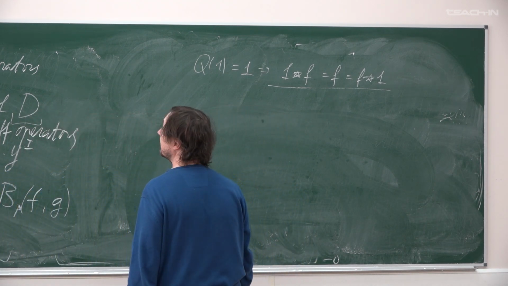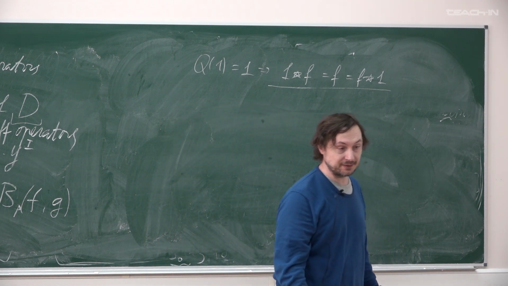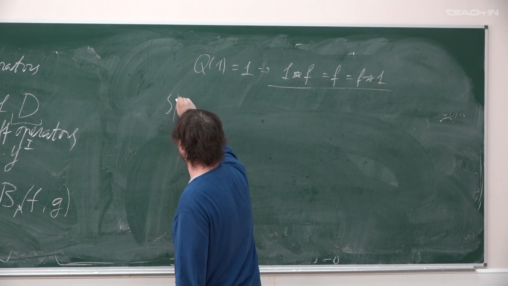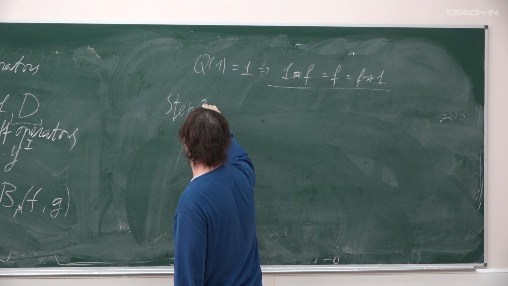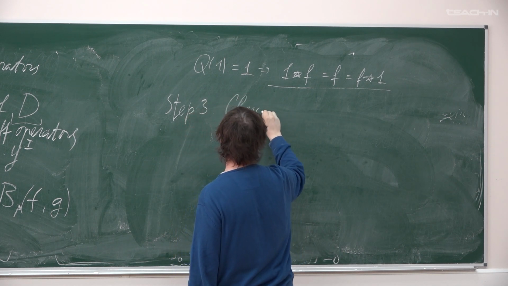So this is in fact a star product. The associativity follows directly from the construction I gave. Now step 3 is to classify these star products up to the equivalence relation.